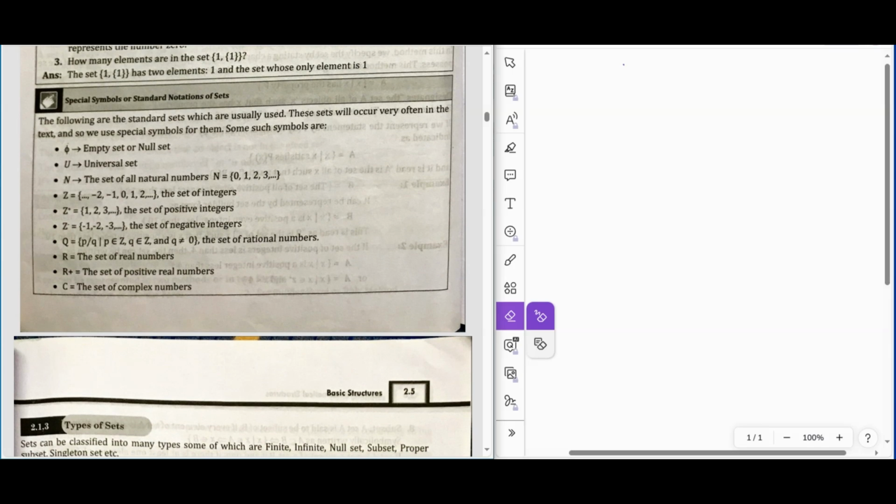Then moving on to the next one, we have special symbols and standard notations. I know very well that you will be knowing about this.